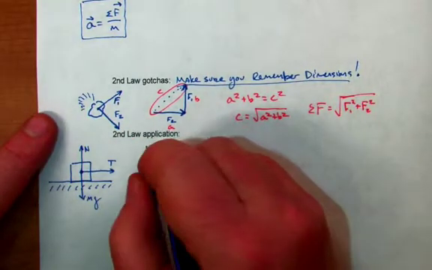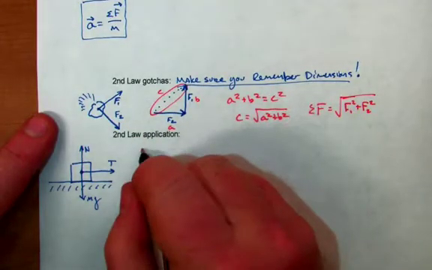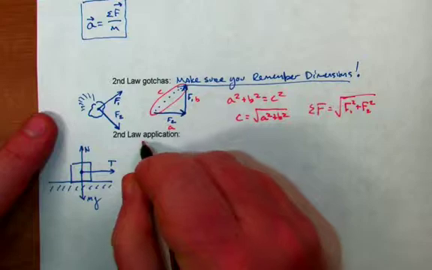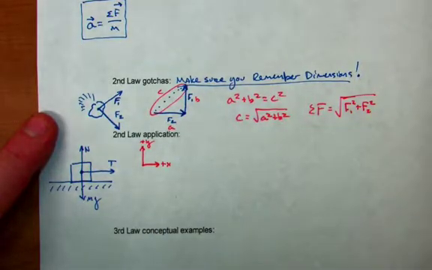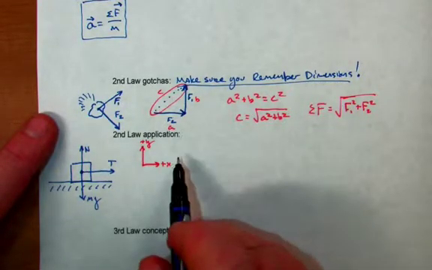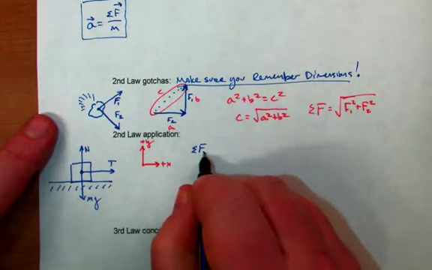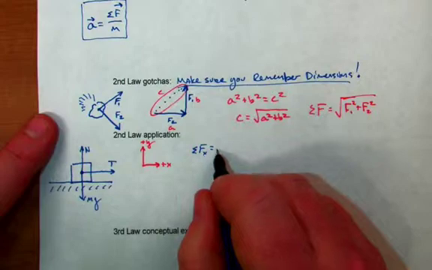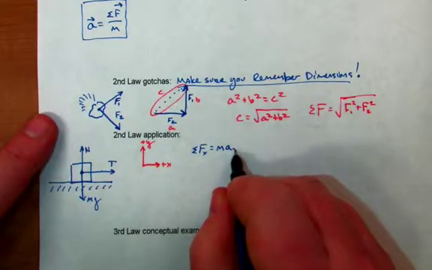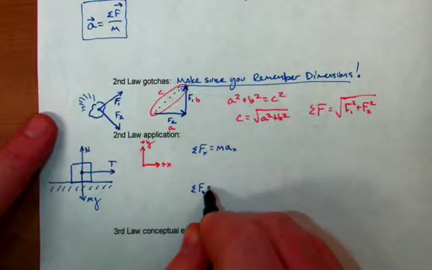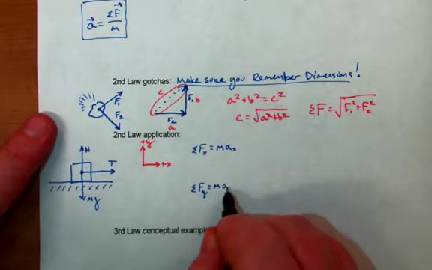Well, the first thing you have to do is define your axes, your dimensions. I'm going to say this is positive x, this is positive y. And Newton's second law involves vectors. So that means that I would write Newton's second law for the x dimension. That's equal to mass times acceleration in the x dimension. And I would write Newton's second law for the y dimension.